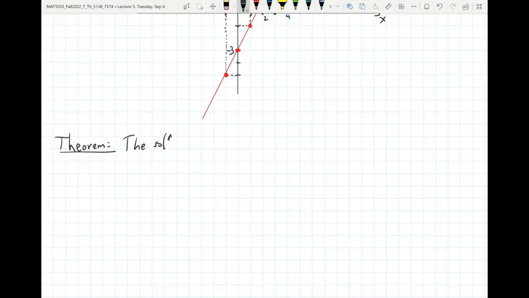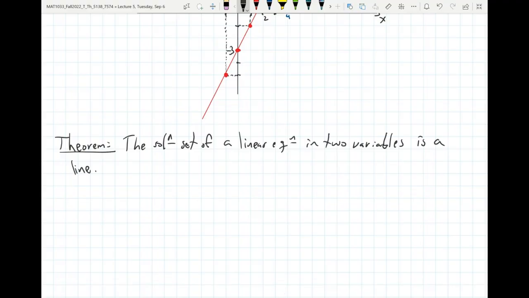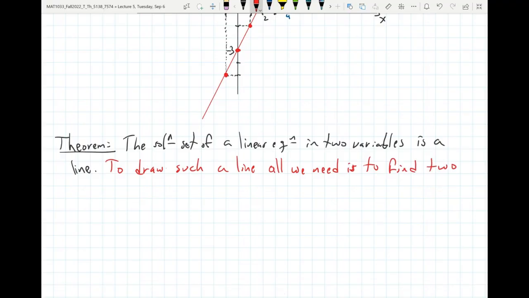The solution set of a linear equation in 2 variables is a line. And then to draw such a line, all we need is to find 2 solutions.